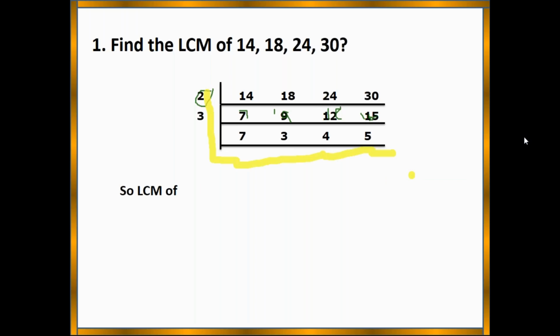So 2 into 3 is 6, 6 into 7 is 42, 42 into 3 is 126, 126 into 4 is 504, 504 into 5 is 2520. So that is the LCM for the given numbers by using the division method.